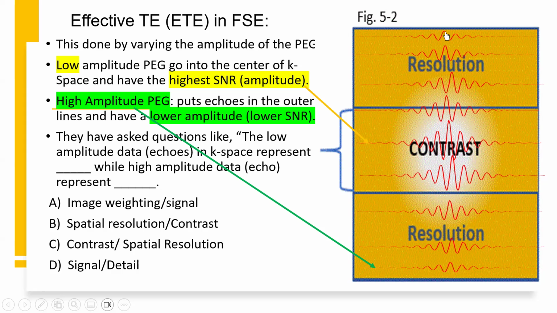That's what put it out here. And because it was a high amplitude gradient, it's got a lower signal to noise. So it's a low amplitude echo that comes from a high amplitude gradient. High amplitude gradient gives you a low amplitude echo. Low amplitude gradient gives you a high amplitude echo.